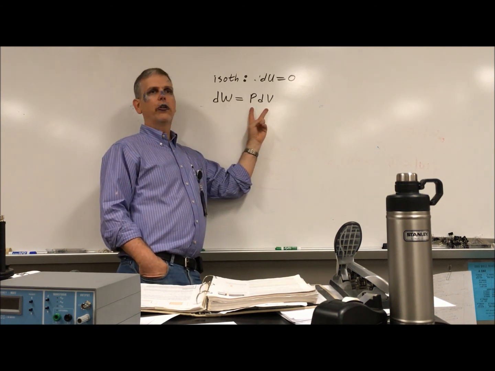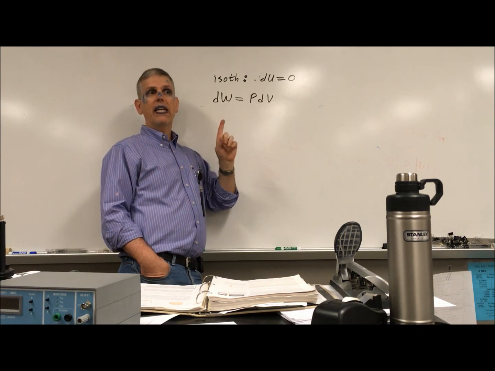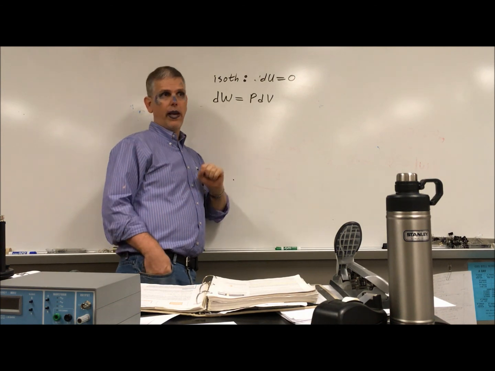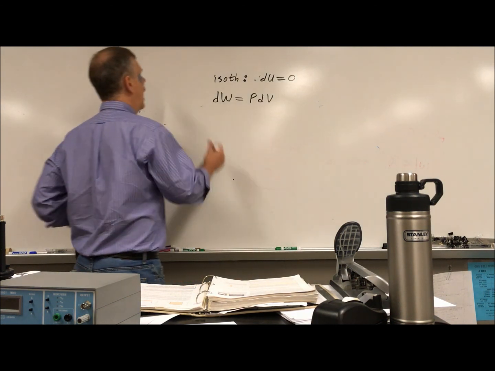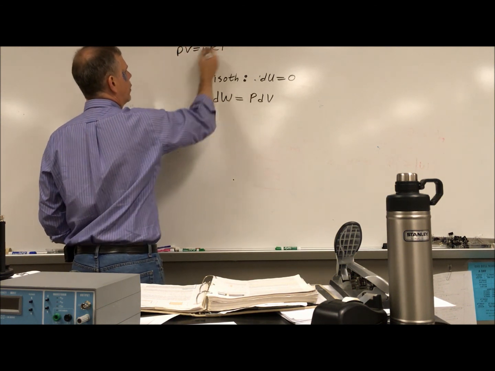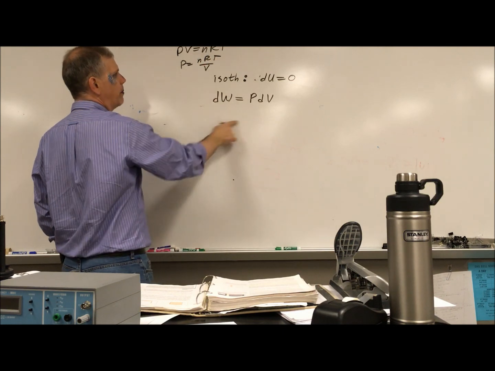Here, do you agree that P is also dependent on V? Okay, so we have to put in our equation of state. This is our equation of state. We solve for P, and we plug it in.